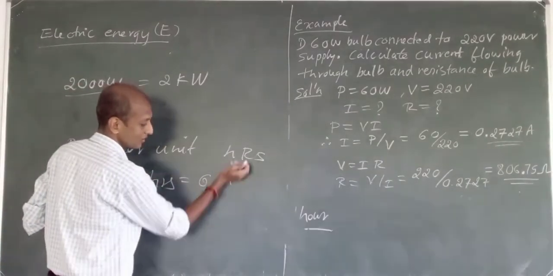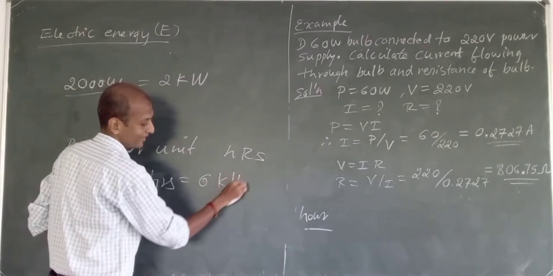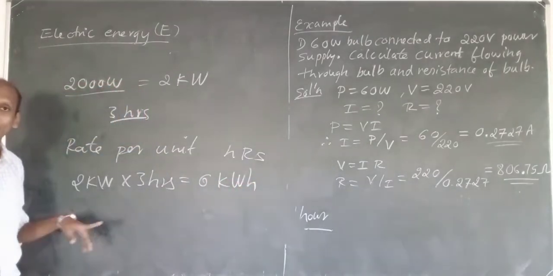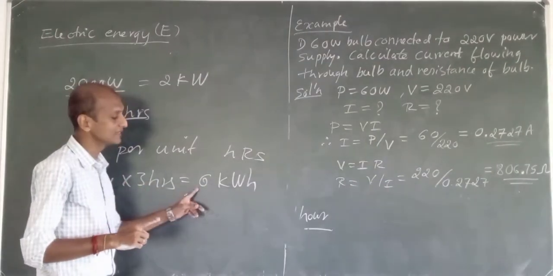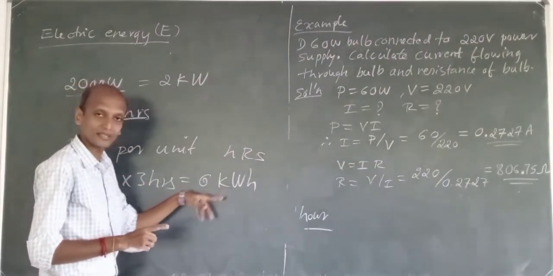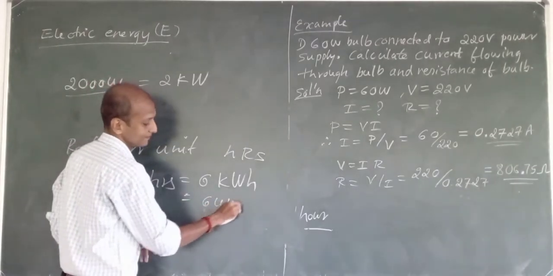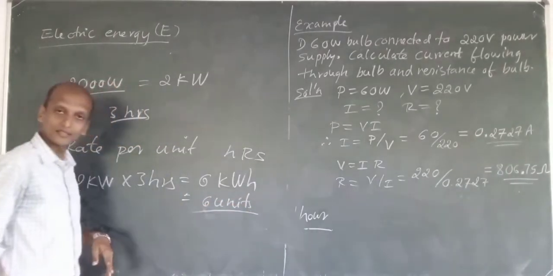Since 1 unit is equal to 1 kilowatt hour, 6 kilowatt hours is equal to 6 units.